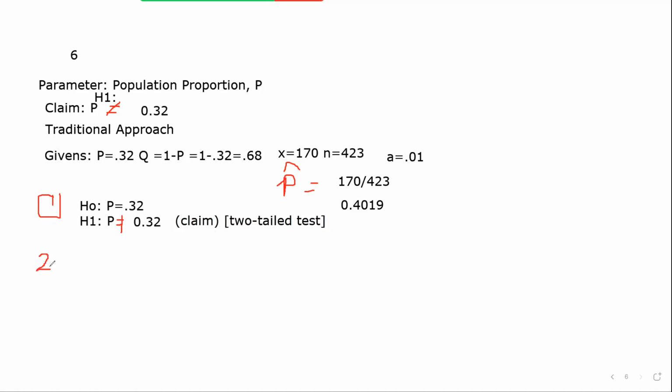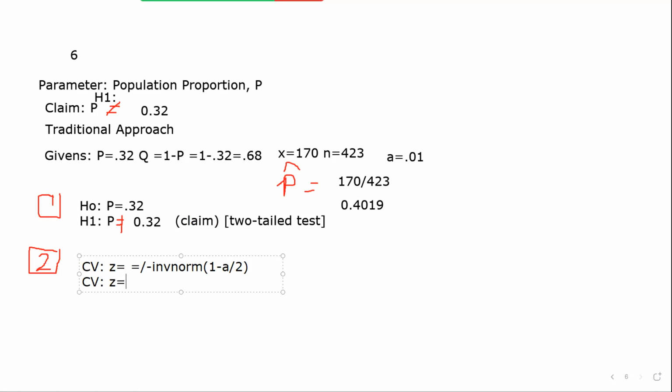The critical values are going to be Z equal to plus or minus inverse norm of 1 minus alpha divided by 2. Remember, these are going to be symmetrical, so there's going to be a negative and a positive value here.